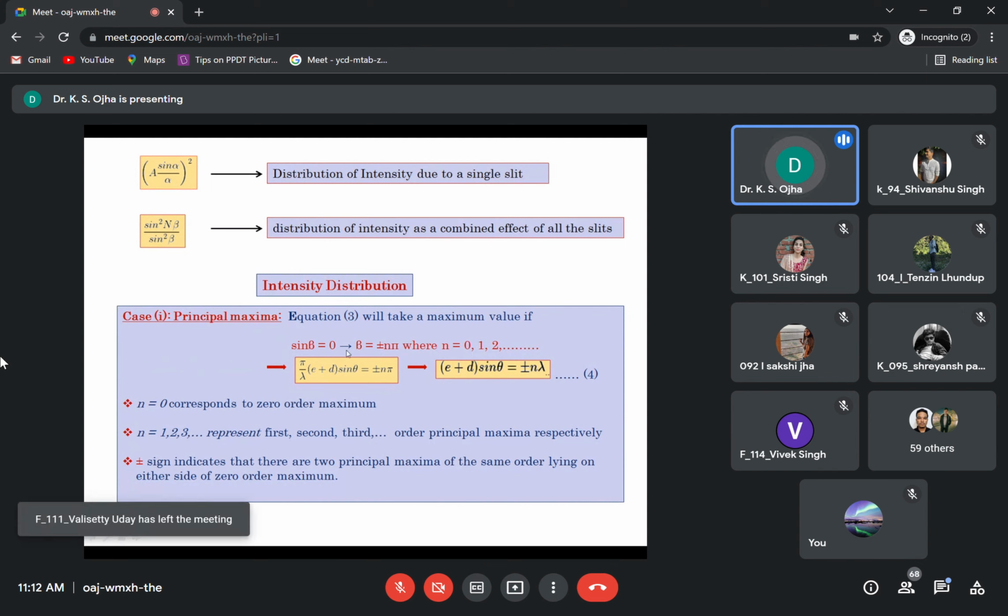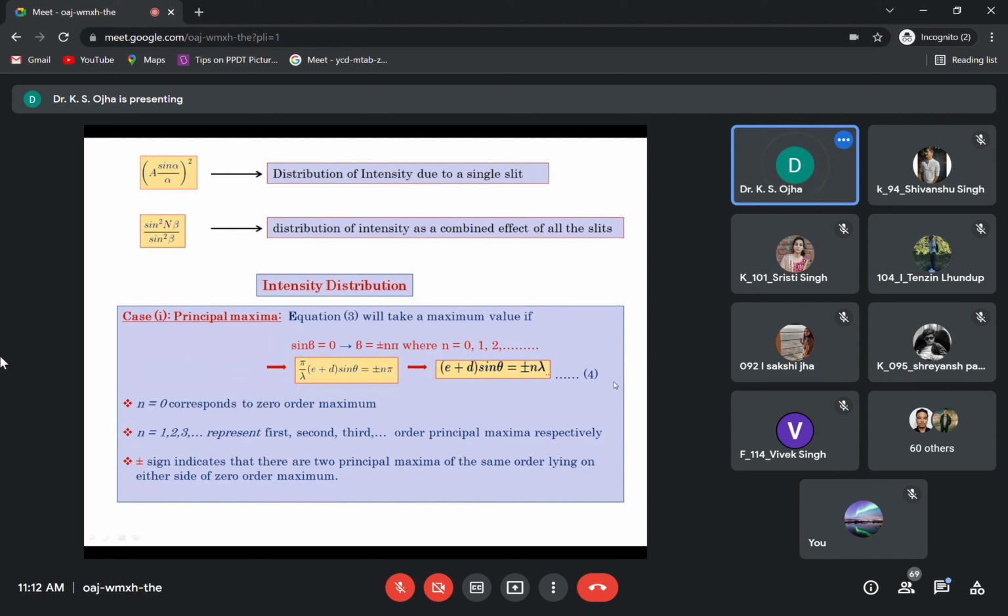And we know that beta is equal to pi by lambda times (e plus d) sin theta. From here we find (e plus d) sin theta is equal to plus minus n lambda. This equation 4 is called the grating equation. You should remember it.